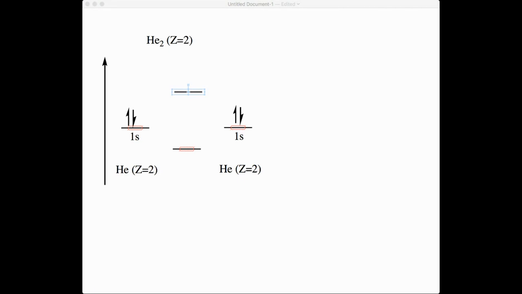Isn't it sigma bonding, 1s sigma anti-bonding? I haven't gotten there yet. So combination in phase leads to one bonding and combination out of phase leads to one anti-bonding, okay? Now we're going to see how they look once again.